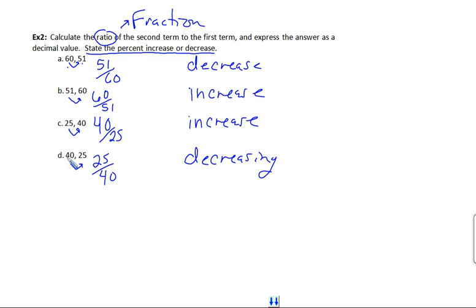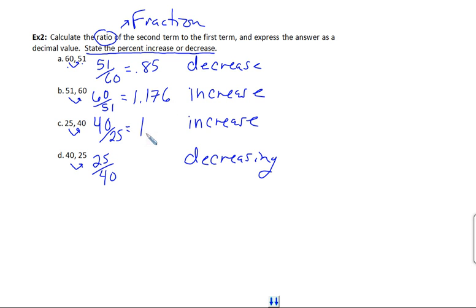Because we want to know what we have to multiply 40 by to get to 25. So if we want to go backwards to find, we have to divide. Okay? So, this first guy should give you 0.85. Second guy gives you 1.176.